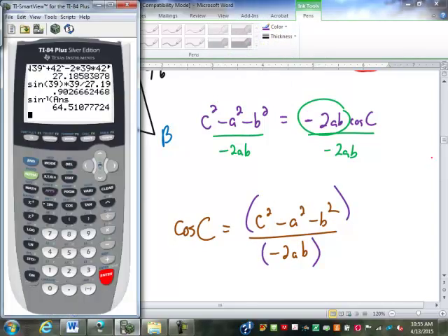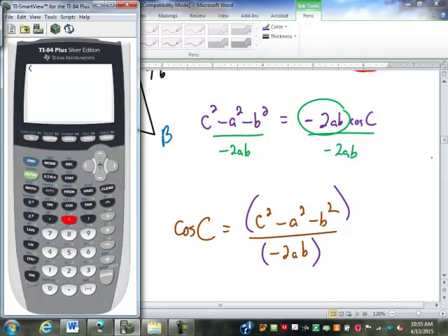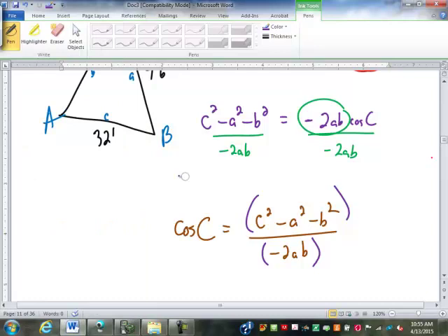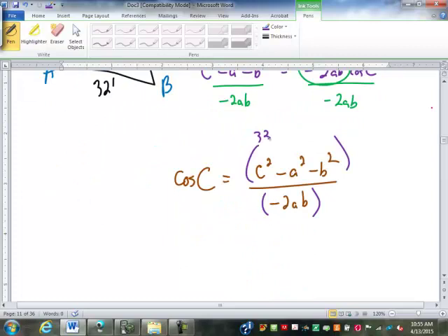So I'll do parentheses. Sorry, no second, clear this out. Parentheses. I'll put in some numbers here. Those are 32, 46, and 48 are my sides.